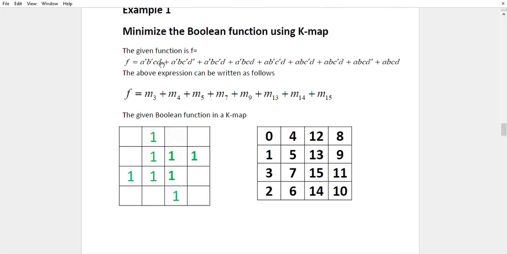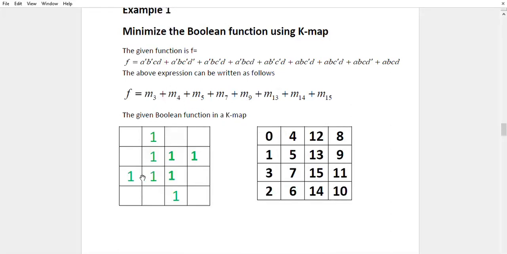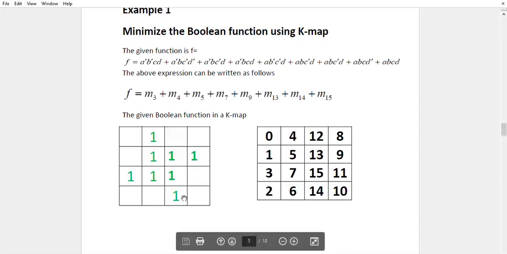Whenever you have no dash, put 1. So this is 0, 1, 0, 0, which is 4. Like that, as I indicated earlier, put 3, 4, 5, 7, 9, 13, 14, 15. So this is a way to represent the given Boolean function in the K-map.